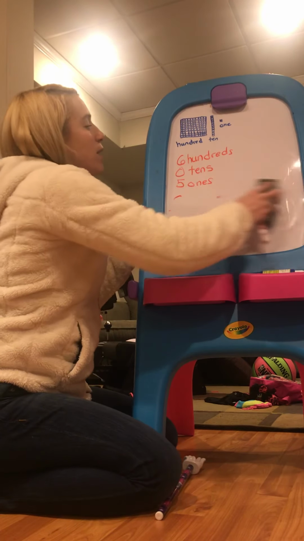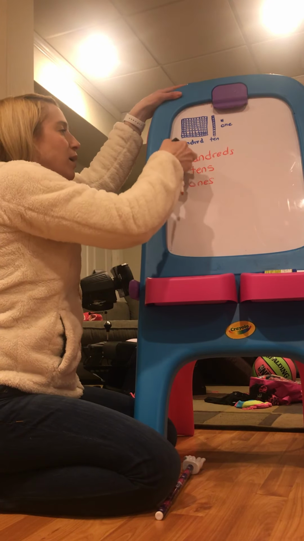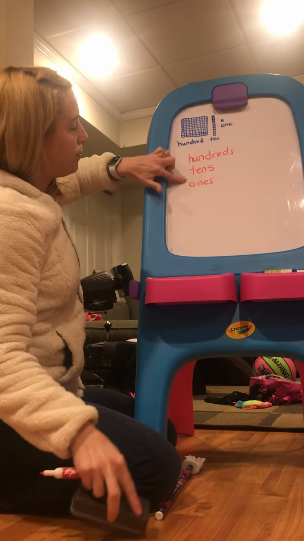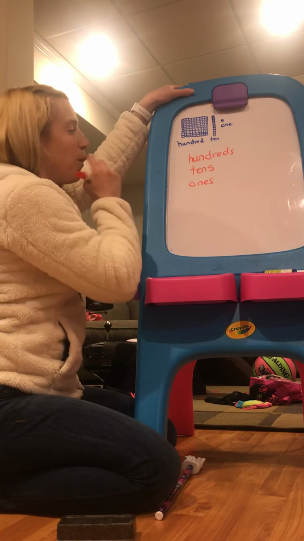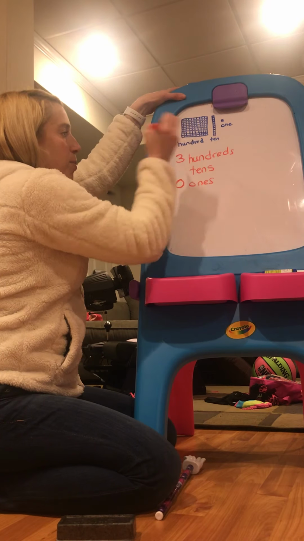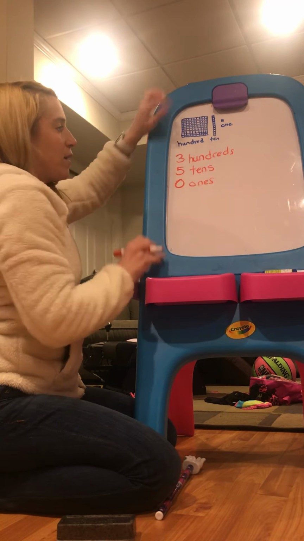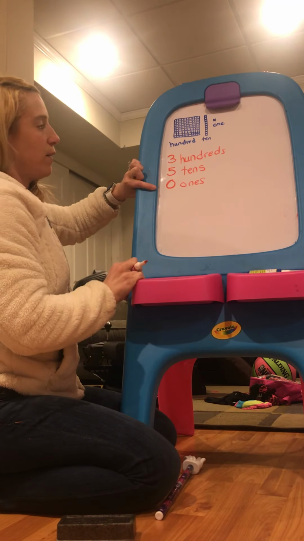Let's try one. This time, I'm going to put the 0 in the ones place. I'm going to put a 0 here. Let me do 300, 5 tens, 0 ones. All right.